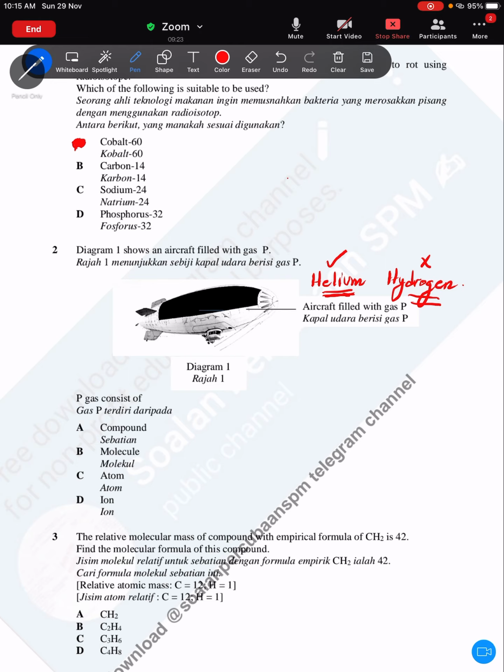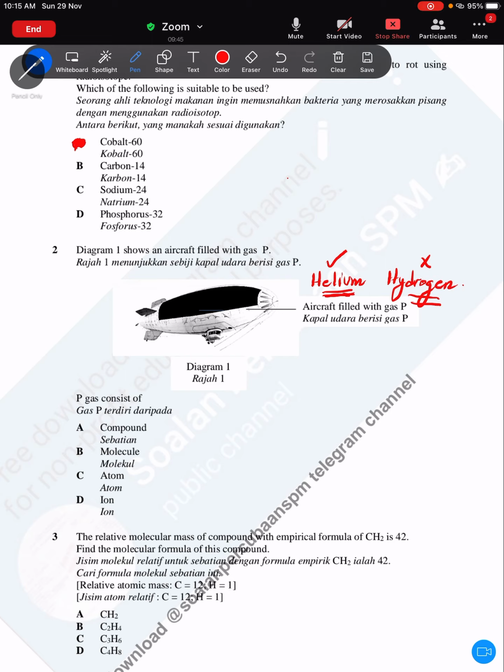I will say if I'm you, I will put it in this way. Helium is more inert. It is inert, whereas hydrogen is a reactive gas. That's why the moment hydrogen is exposed to the air, it will produce a pop sound. That pop sound, why? Air contains oxygen.